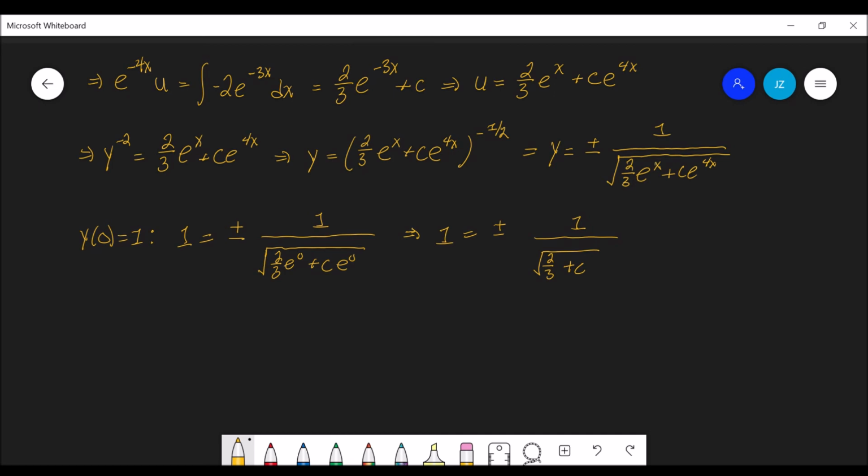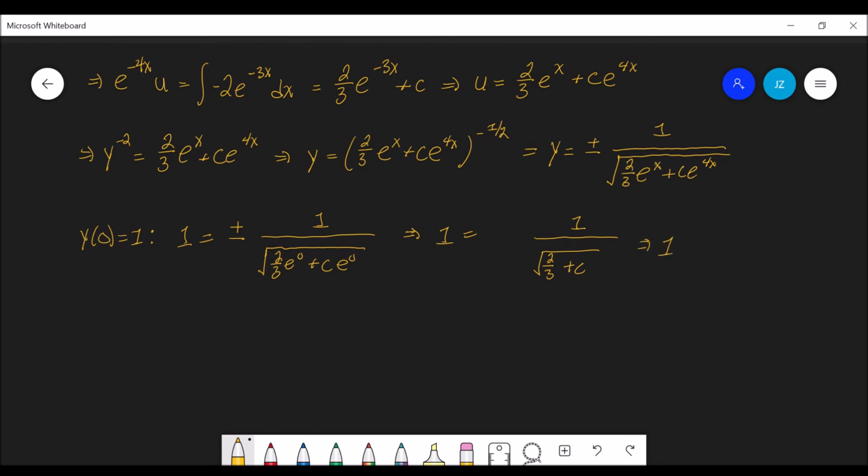Now, this can't be negative, which means this value here is always positive. That means I can get rid of this plus or minus. It has to be a positive value. So 1 is actually equal to 1 over the square root of 2/3 plus c.